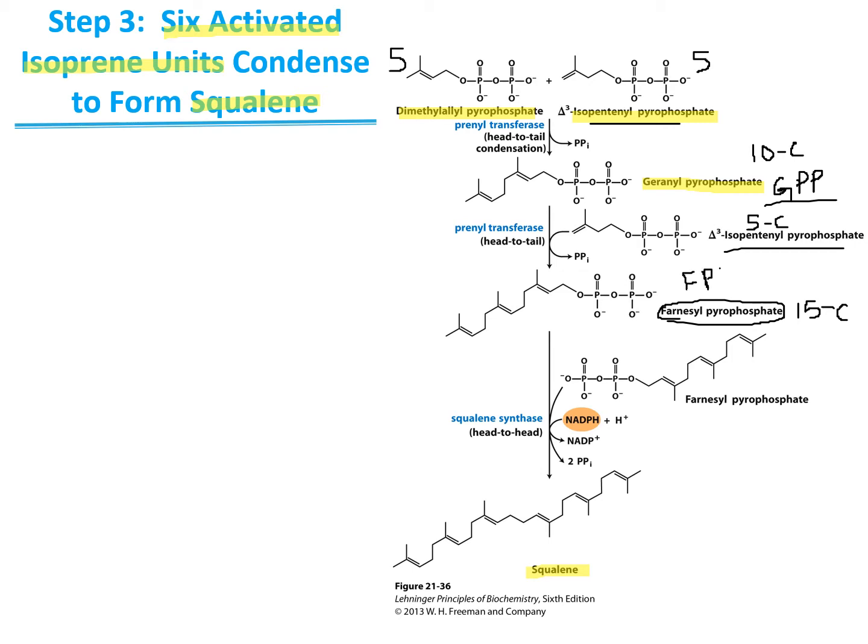And in the last step, we are simply going to add one more FPP. So one 15 carbon FPP plus one more 15 carbon FPP, joining these two together gives us the 30 carbon squalene molecule, which is a linear structure. Do remember, it does not have closed rings in it.